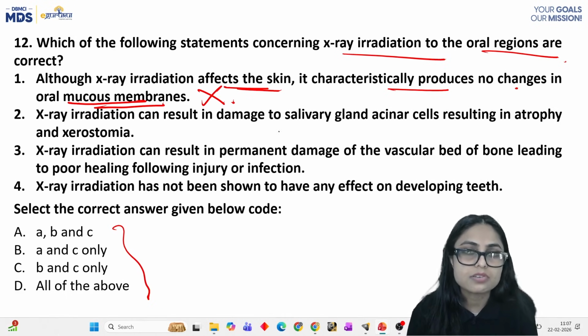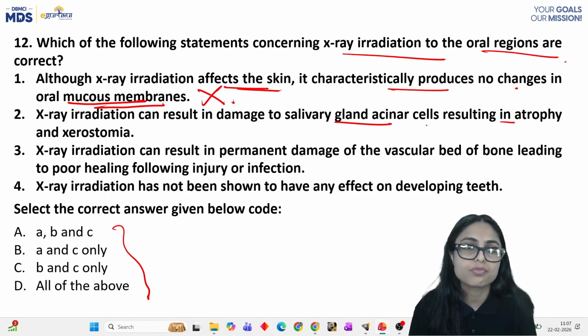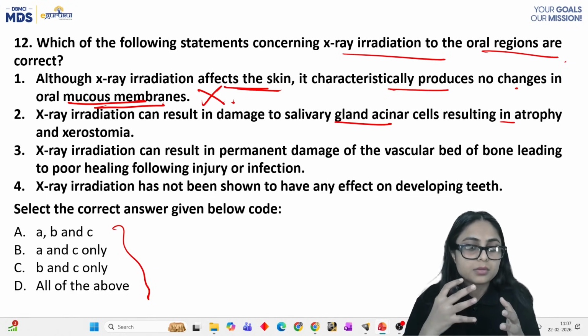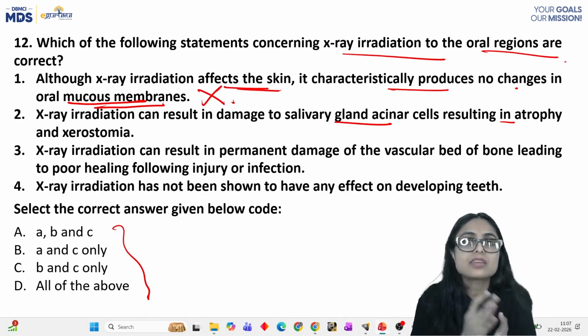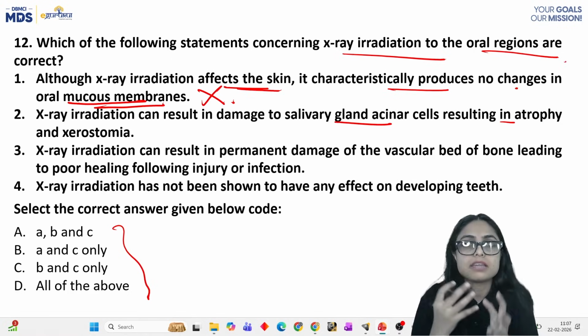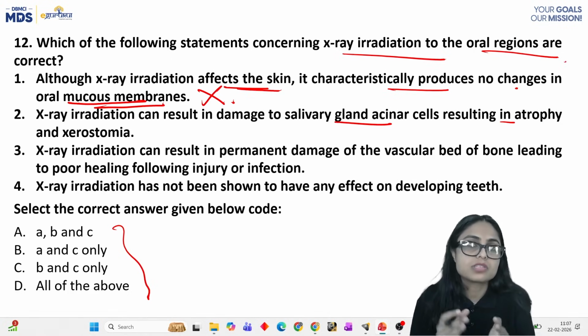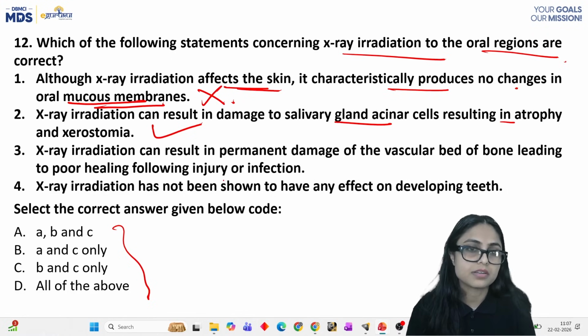X-ray radiation can result in damage to salivary gland cells, resulting in atrophy and xerostomia. Yes, when the radiation affects the salivary gland, it can cause xerostomia, that is dry mouth, because of atrophy of the salivary acinar cells due to the radiation. So this is the correct statement.